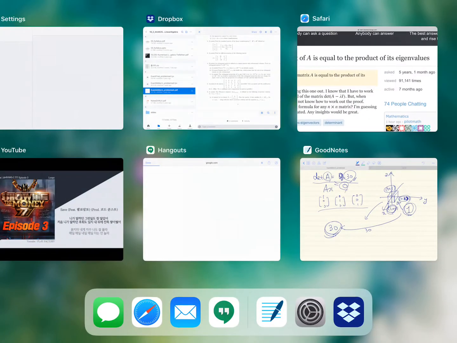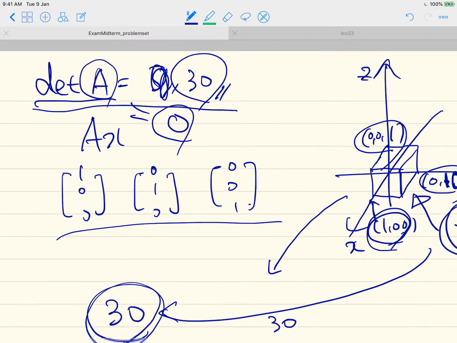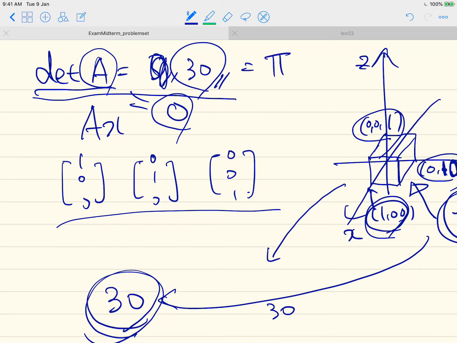Okay, so this determinant of A is just the product of our eigenvalues. We have some mechanical way of proving that. It is not that difficult, but I just wanted to discuss the intuitive meaning in terms of volume.